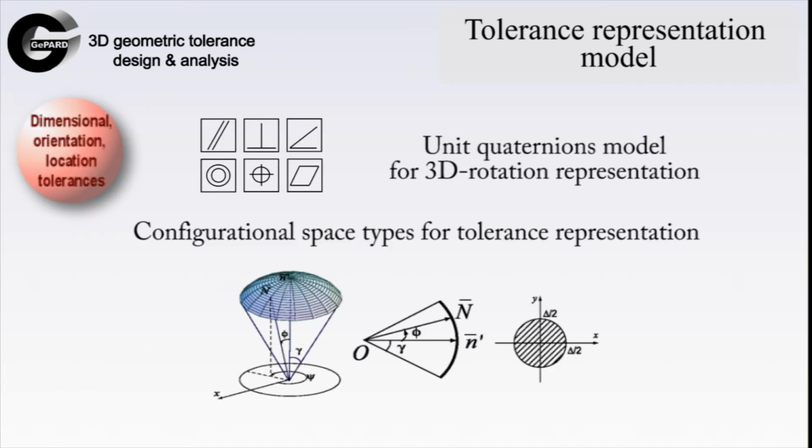There are three types of configuration spaces for orientation and location tolerances. Unit sphere bounded by a circular segment, whose axis is the vector n, and the largest deviation angle is the angle gamma. Arc of the unit circle with the axis n and the angle 2 gamma. Circle with diameter of delta and centered at the origin.